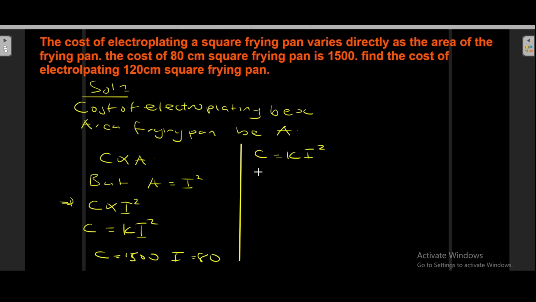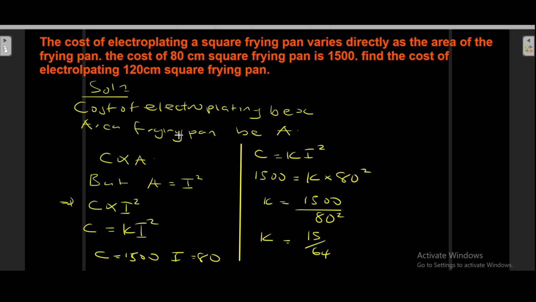My C, 1,500, is equal to K, which we don't know, times I, which is 80 squared. Therefore, K turns out to be 1,500 divided by 80 squared. When you work out this expression, it's going to give you our K. Our K will turn out to be 15 out of 64. That will be our K.